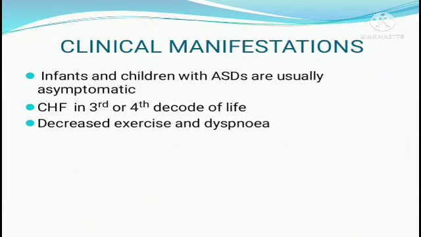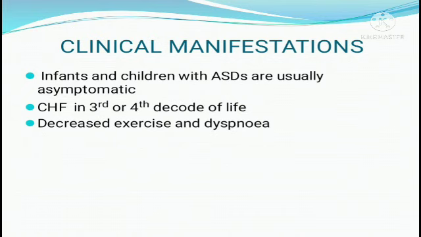Now let us see what the clinical manifestations are. Usually the infants and even the children with small ASDs are asymptomatic. Small and moderate ASDs also remain asymptomatic, and they will develop symptoms by the third or fourth decade of life.